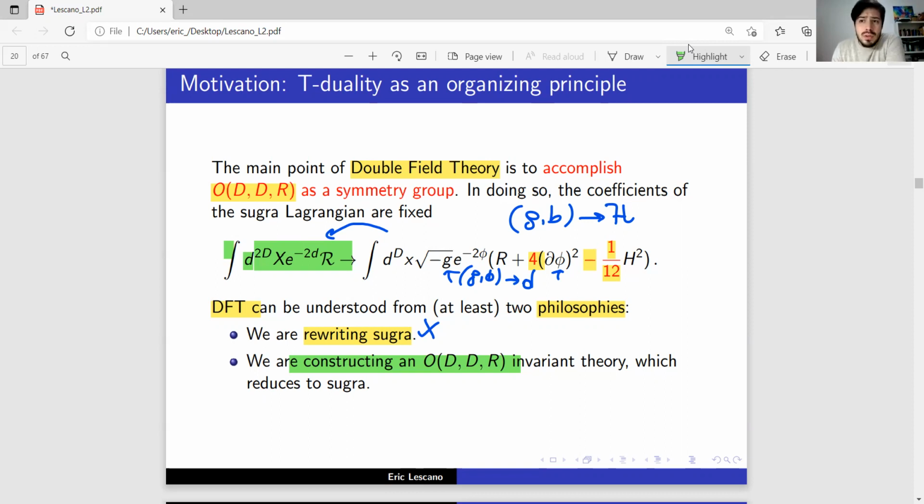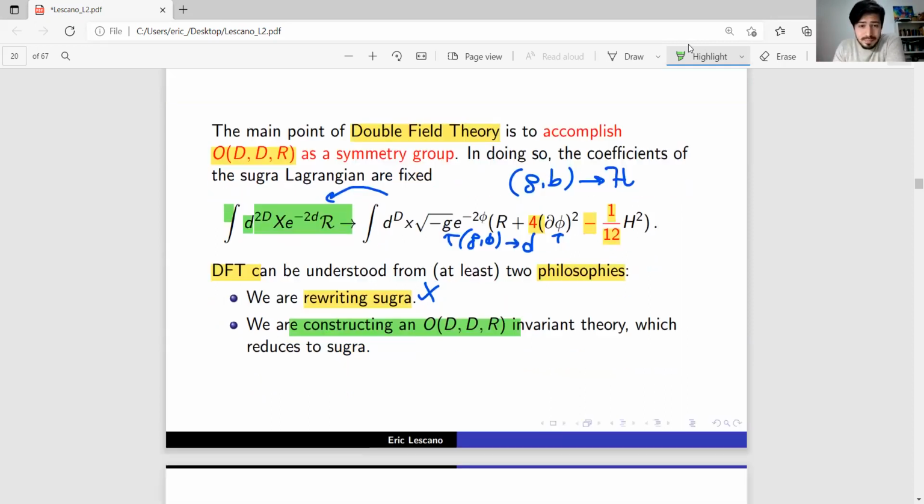We want a double field theory. We want to deform the double field theory. We want a higher derivative double field theory, and that higher derivative double field theory will fit the coefficients of a supergravity plus higher derivative terms, and some of those higher derivative terms will give alpha prime corrections.